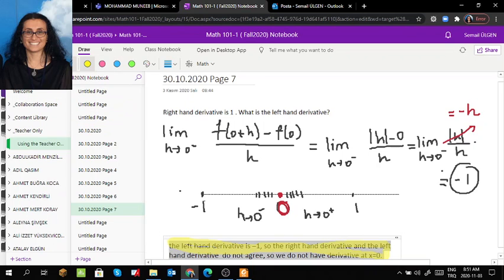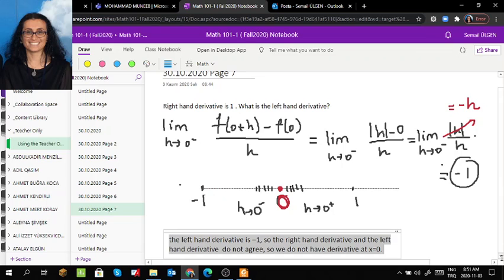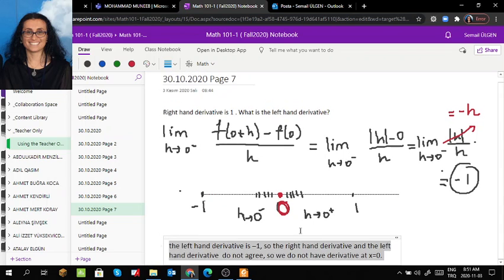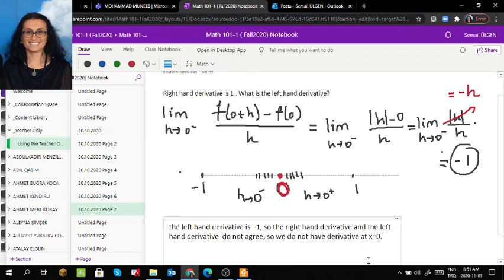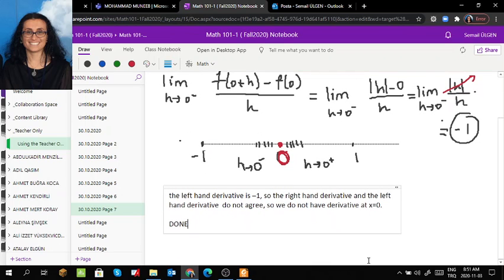Highlighting is not as good, so I'm gonna erase that. Okay, that's the point. Alright, so we are done. That's the end of this question.